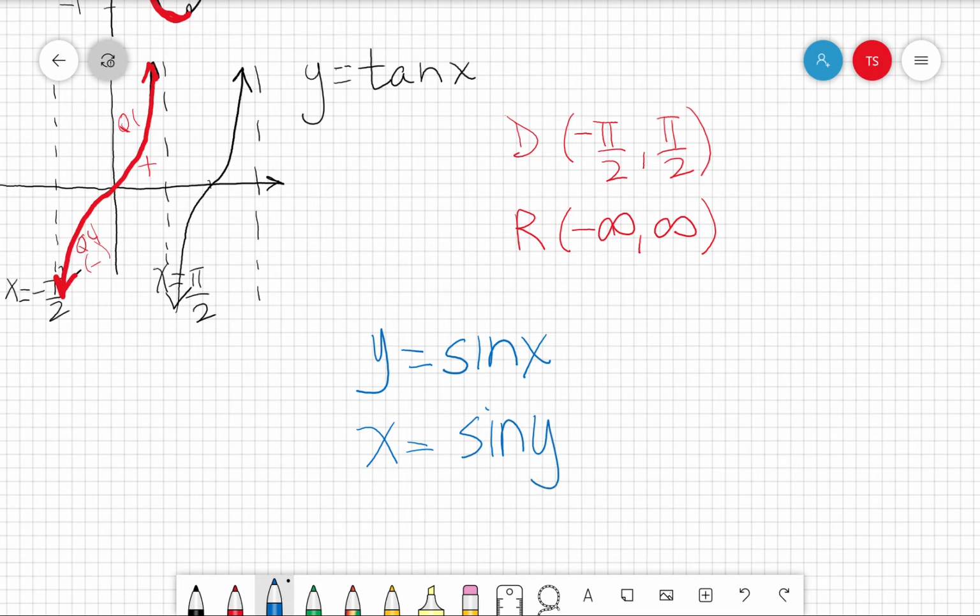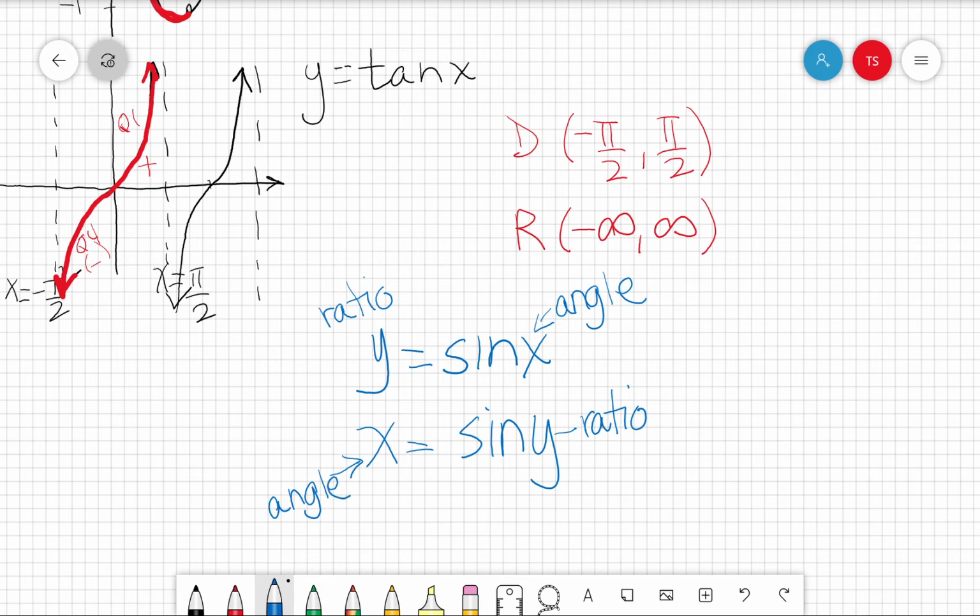And if we have y equals sine x, recall that in this case, the x represents the angle, and the output of that function is the ratio. So when we find our inverse, the y value here represents the ratio, and the x represents the angle.